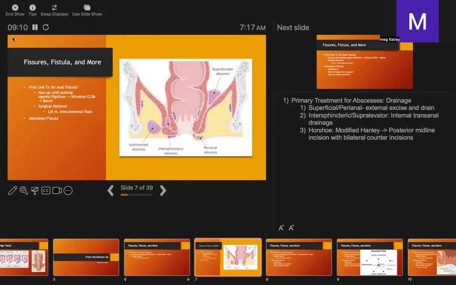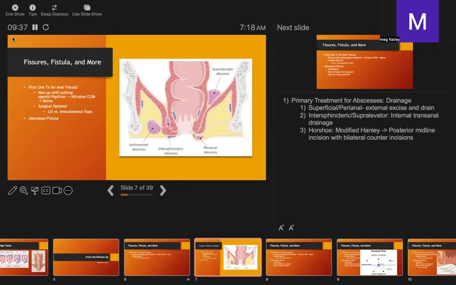Okay, and then what about, they didn't talk about ischiorectals, but for a horseshoe abscess. Yeah, what's a Hanley? It's described as a posterior midline incision with counter incisions.